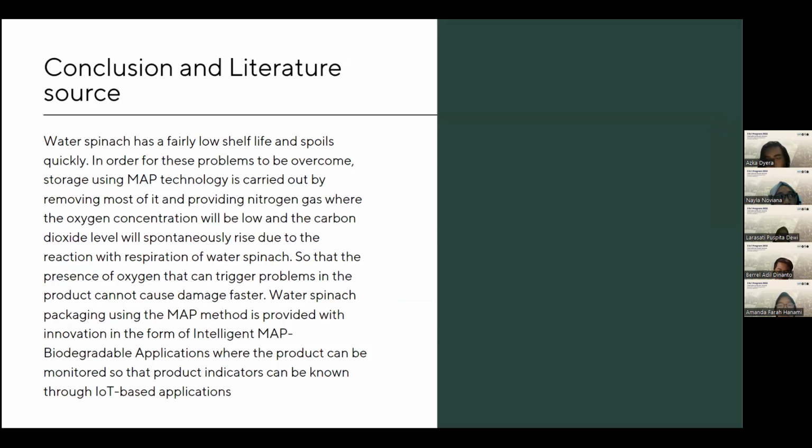In order to overcome these problems, first, MAP technology is used by removing most of the air and providing nitrogen gas, where the oxygen concentration will be low and the carbon dioxide level will spontaneously rise due to the reaction with the respiration of water spinach, so that the presence of oxygen that can trigger problems in the product cannot cause damage as fast. Water spinach packaging using the MAP method is provided with innovation in the form of an intelligent MAP biodegradable application, where the product can be monitored so that product indicators can be known through an IoT-based application.